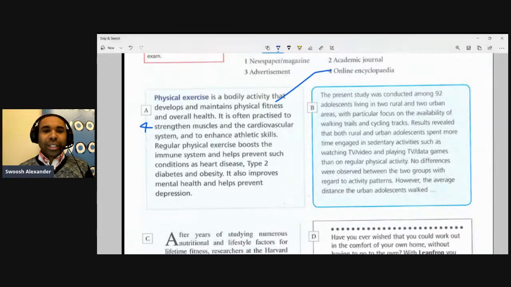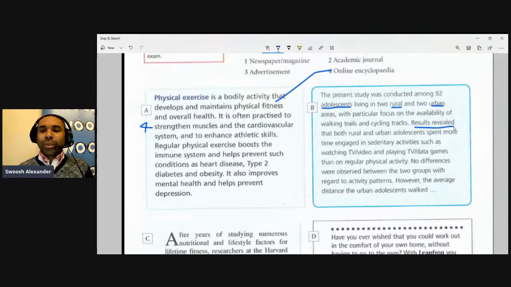Okay, let's have a look at the next one. So B: the present study was conducted among 92 adolescents. So quite formal language, adolescents, a formal way of talking about teenagers, to rural, to urban areas. So it's very formal, urban referring to the city, rural referring to the countryside. Results revealed.